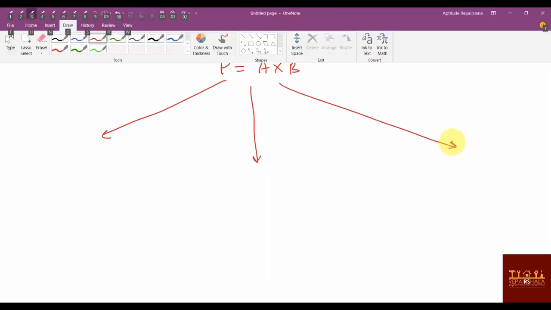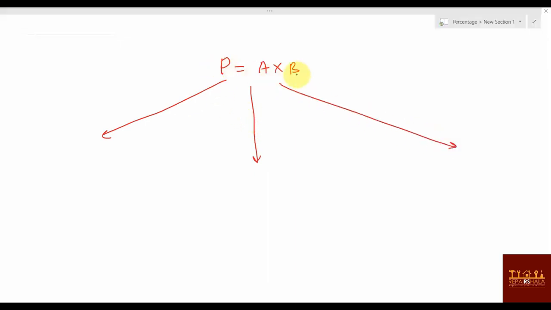Now there are three kinds of these questions, three types, for P equal to A into B. So 3 cases are there. First case, second, and third. In P equal to A into B, in the first type, A will change and B will also change, increase or reduction, and then P will also change.